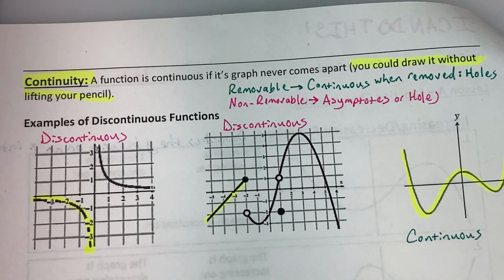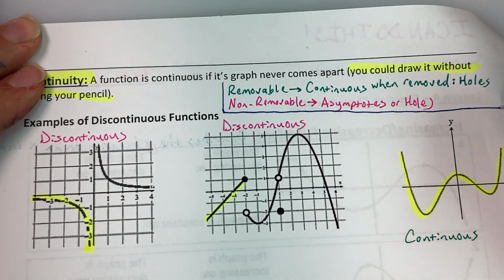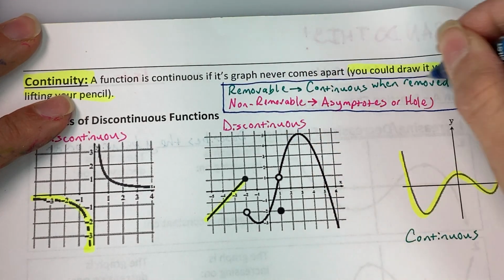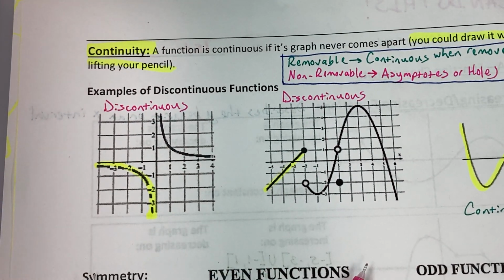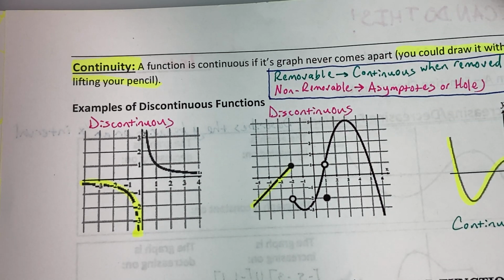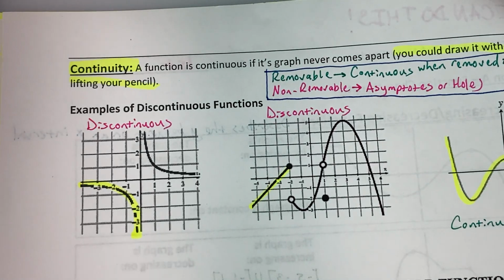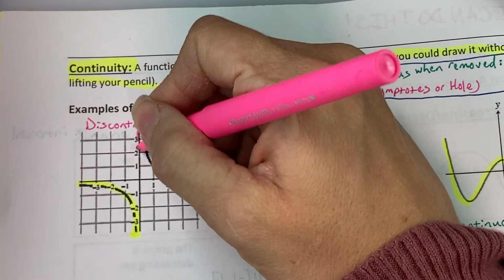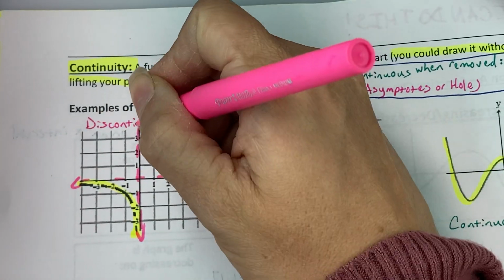So now, going back to these functions, we are going to see how to classify the discontinuities. So looking at this first one, the reciprocal function, we would say that this is discontinuous. Why? Because it has an asymptote, both vertical and horizontal.